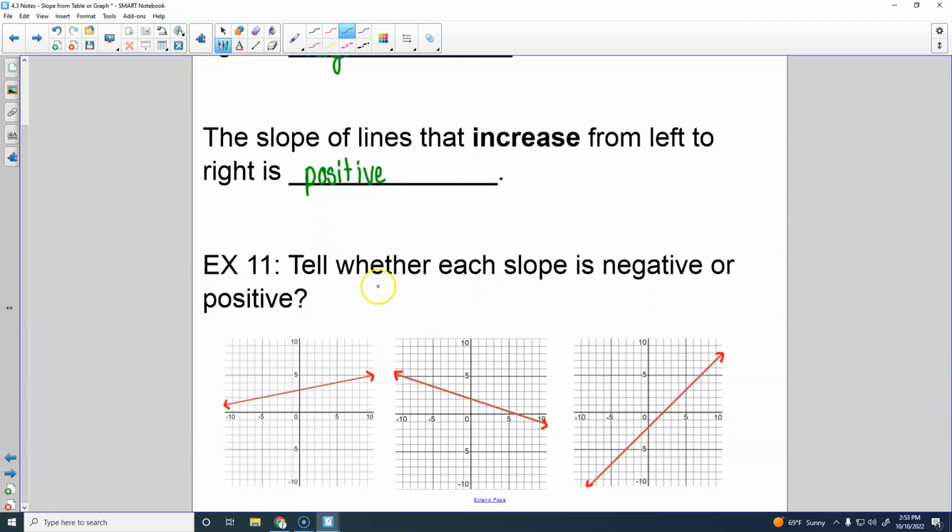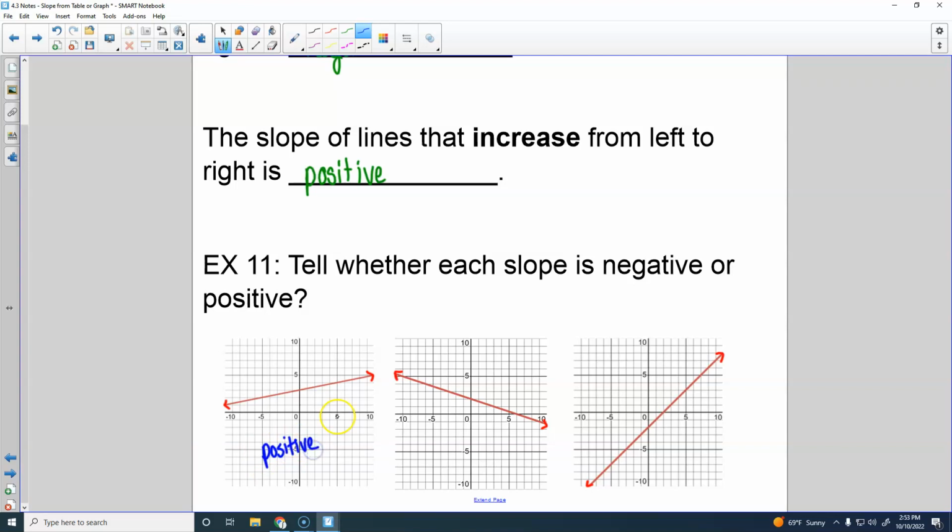Okay? So these problems, I don't need you to tell me the actual slope. I just want to know whether or not they're positive or negative. Let's see, Giancarlo, for number 11, is that line going to have a positive or a negative slope? Positive.